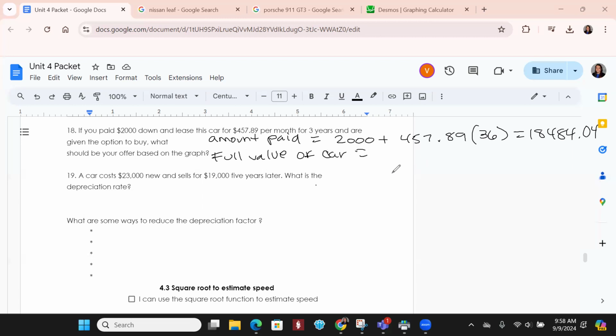How much is the car fully worth? $62,946.80. And so your offer should be $62,946.80 minus what you already paid.